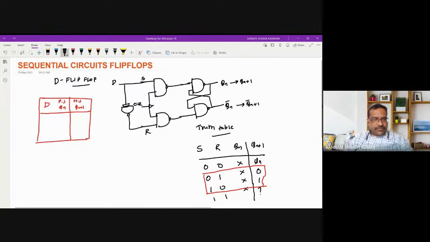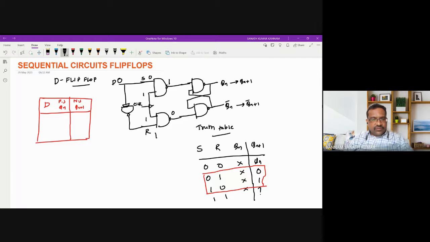When D is 0, S is 0 and R is 1. The clock is 1, so 1 into 0 is 0, 0 complement is 1, and 1 into 1 is 1, 0 complement is 0.